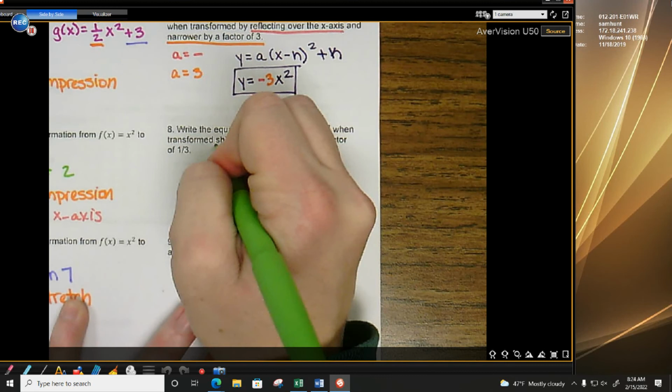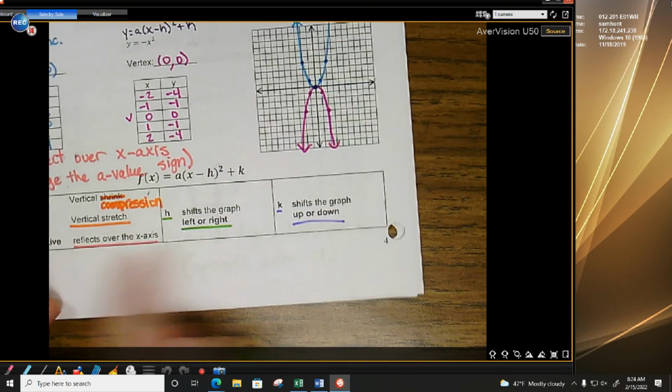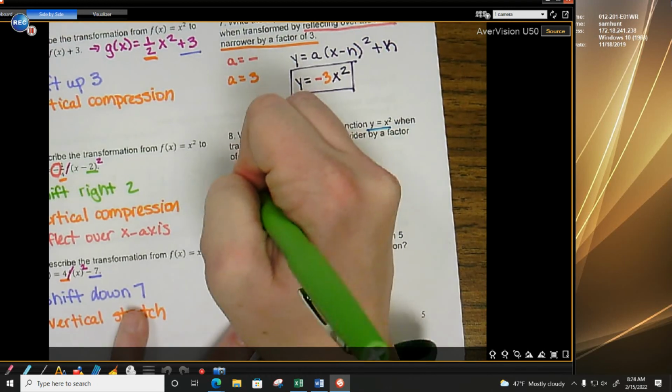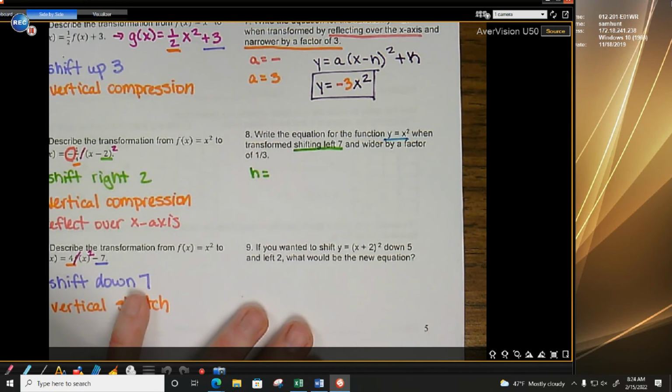So this means h is going to equal, if I go left, is it a positive or a negative? Negative, because negative numbers are to the left. And it's wider. What affects width, guys? The A. So what's my new A going to be? 1/3.